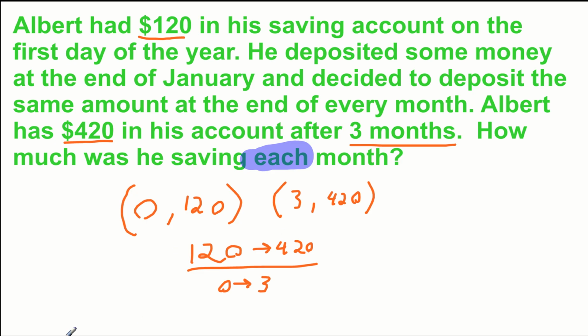So 420 minus 120 would give us 300. 0 to 3, distance of 3. 300 divided by 3 gives us 100. Okay? Any questions on that one? Nope.